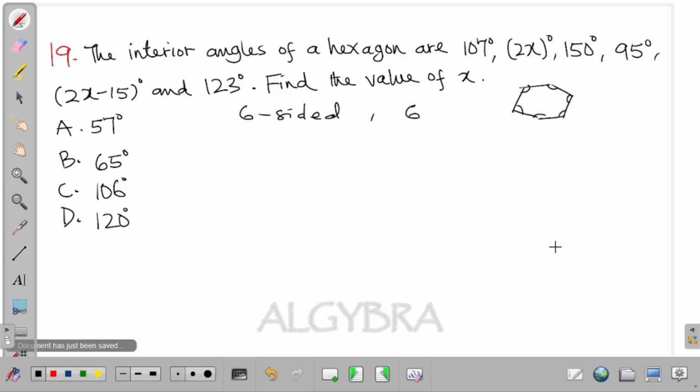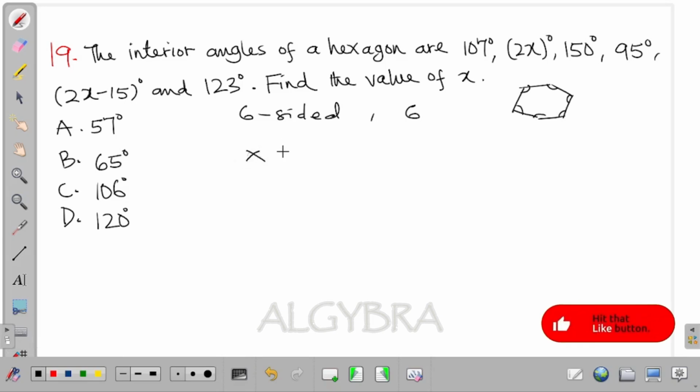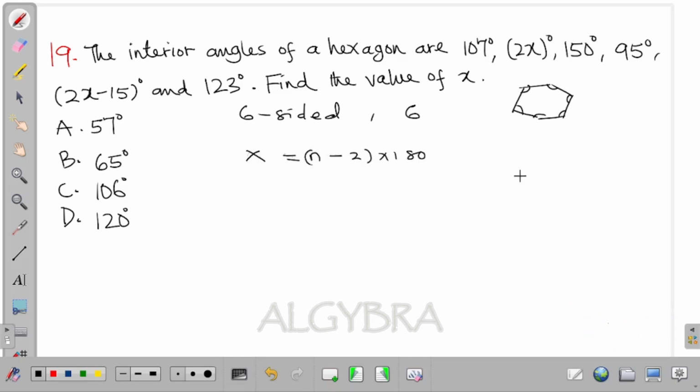Now the sum of interior angles of an n-sided polygon, let's say the sum of interior angles is equal to S, is going to be equal to n minus 2 multiplied by 180. We first want to know the sum of the interior angles, because it is going to be equal to summing all these angles that are given to us.